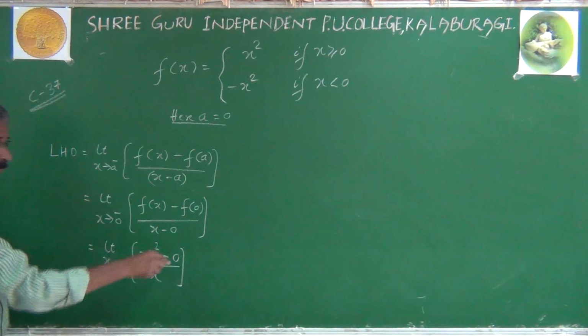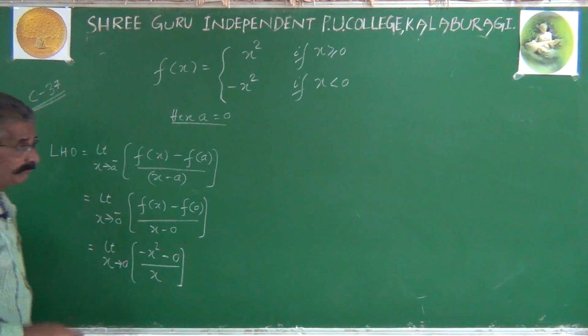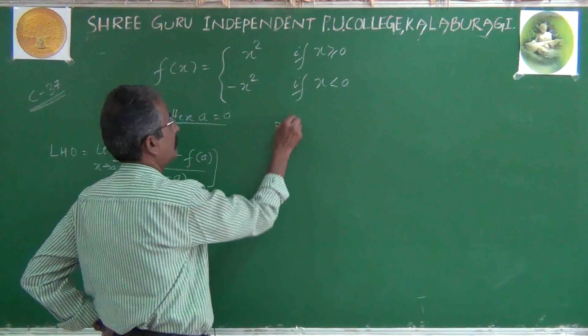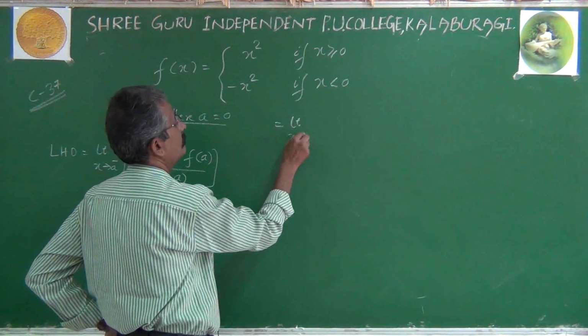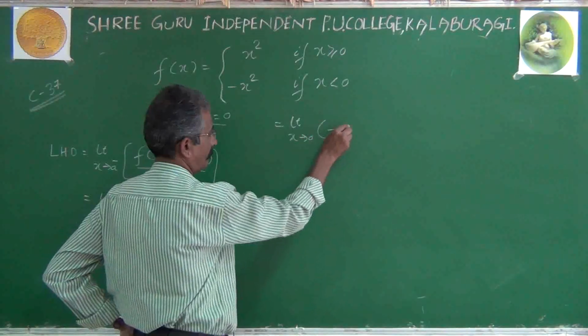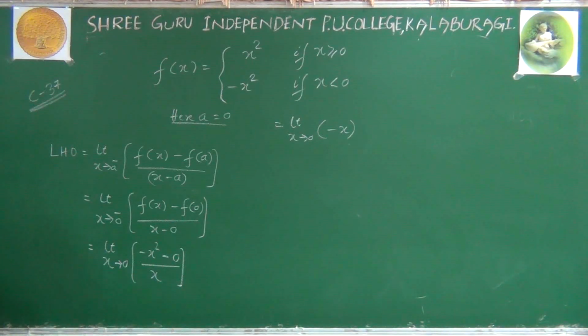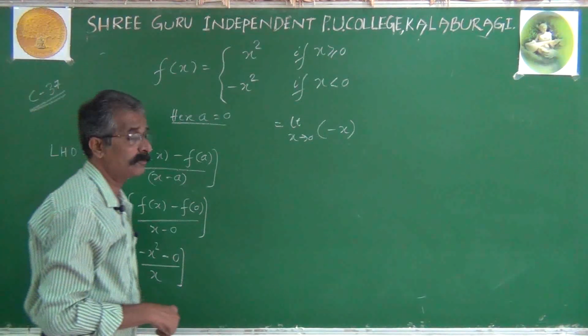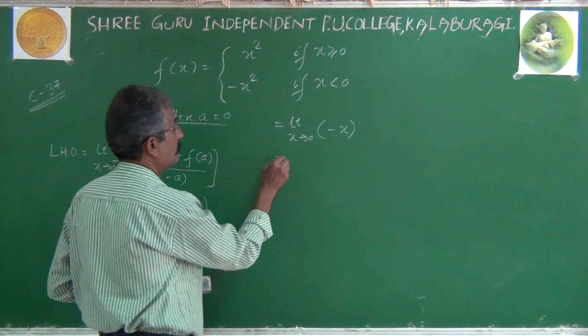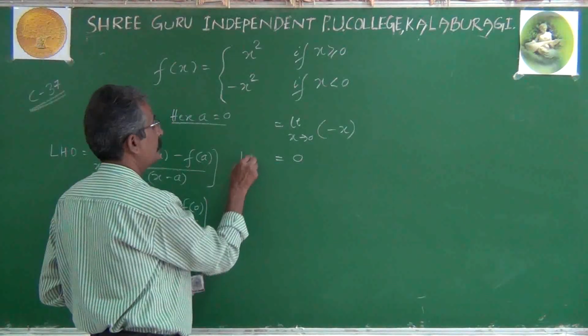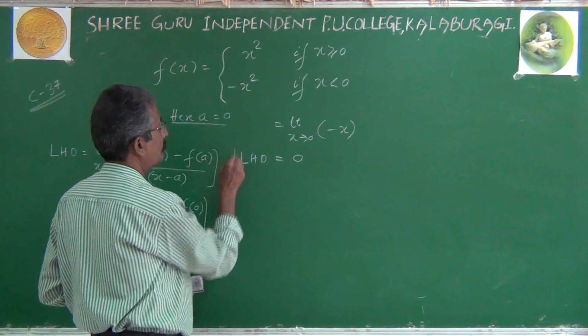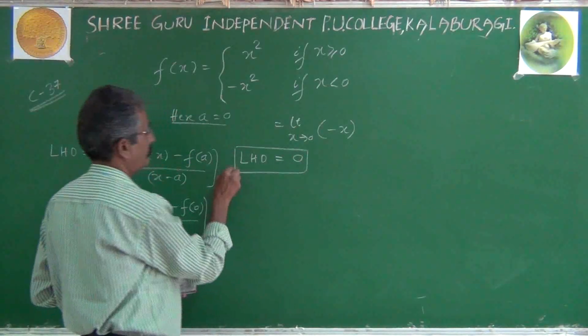One x cancels, leaving minus x. That is the limit as x tends to 0 of minus x. Replace x by 0 because it does not become a 0 by 0 form. So it will be exactly 0. This is the left-hand derivative of the given function.